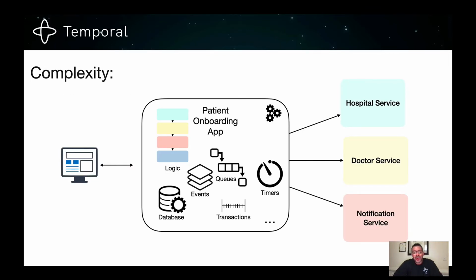So for our application, what does this mean? In order to make this a production-ready application, we have to start working with databases. If we're talking to some third-party services, we have to have some queuing technologies. We have to deal with timers and timeouts. We have to make our application transactional, and also we have to start dealing with different types of events.